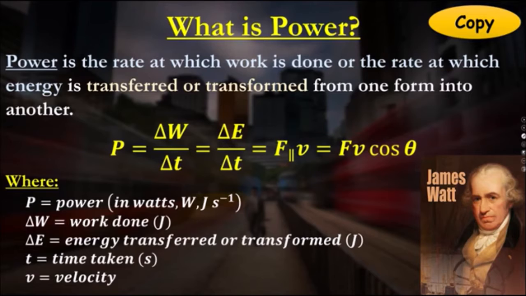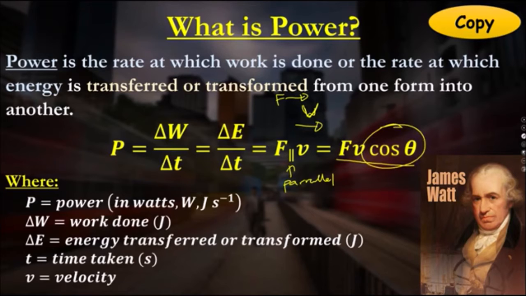Power is just change in energy over time. It also equals force times velocity. And that force is implied to be parallel to where the object is moving. So if the velocity is moving in this particular direction, the force is also in this direction. And if our force is in a particular direction, we also need to make sure we find the appropriate component to match up with it.